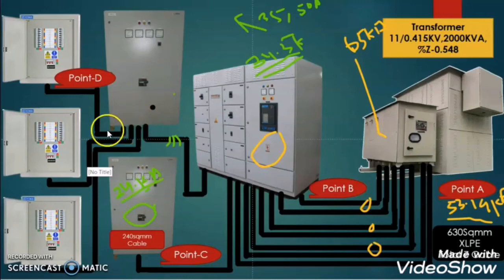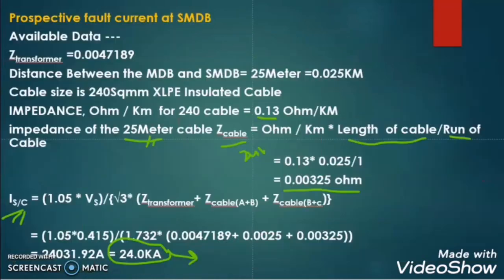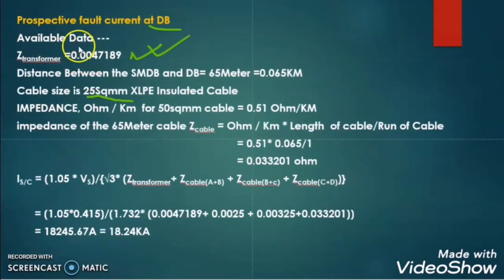Now let us calculate the maximum prospective short circuit current for point D, that is for the final distribution board. Here the available data is Z transformer, which is given and which we calculated in the first step. The distance between the SMDB and DB is 65 meter.